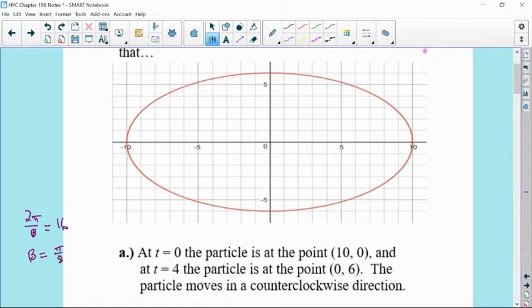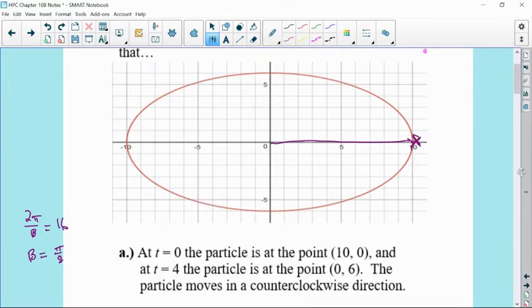Okay. Now, the fact that I'm starting here at time equals 0 means that I want my cosine function to be associated with this direction, which is the x. And that's sort of natural. But think about it: cosine gives you something at 0. So the cosine function always has to go to the start. And since I'm starting on the positive x, I need to make sure my cosine is starting as positive.